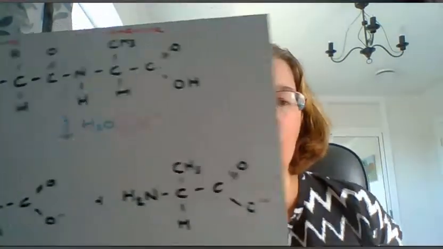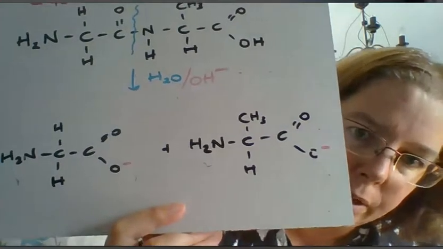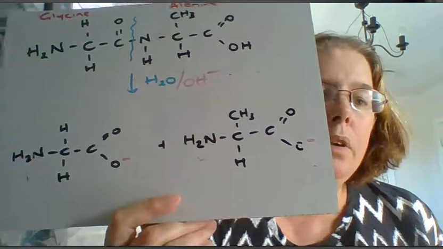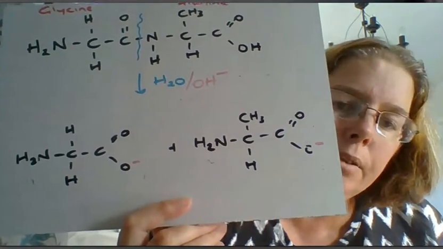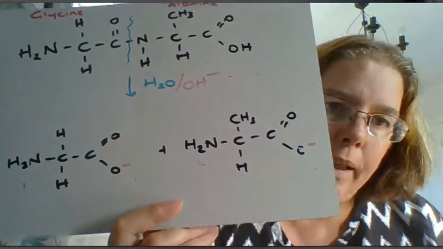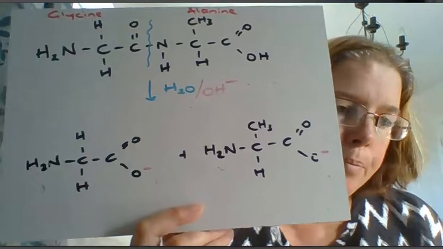So in basic conditions, you're just going to take away the H from the carboxylate group and put on a negative charge. Just there. Oops, that last one on the right hand side should be an O. It's just that I managed to rub a little bit off with my finger. Okay, and again, you have to do this with both molecules, not just the one.